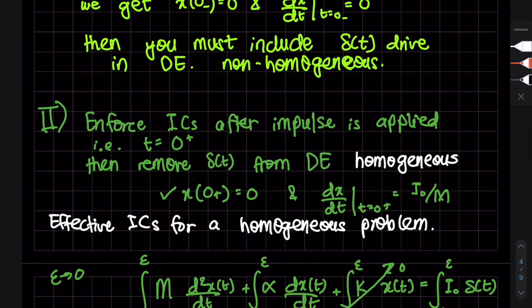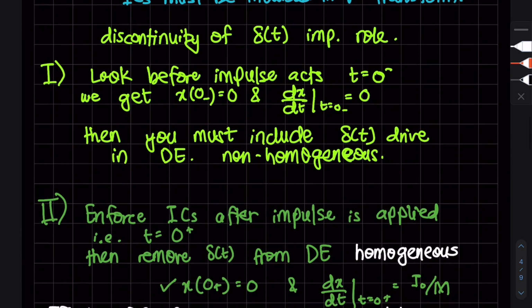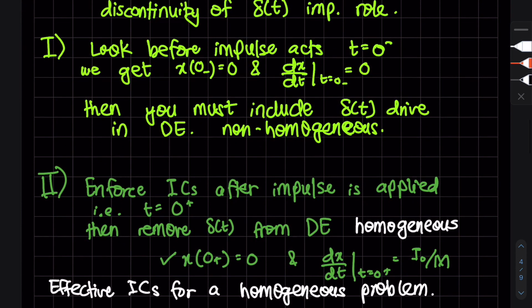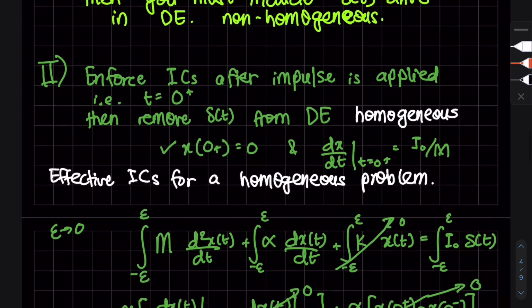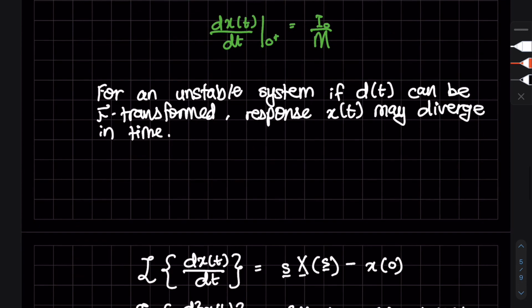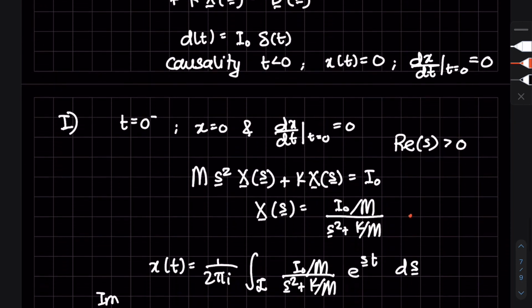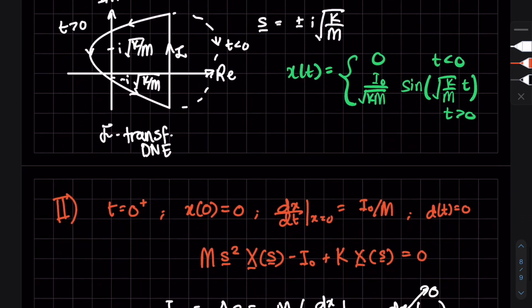That's where the I naught over m comes in. And then the system just behaves as it would like any homogeneous system with these new boundary conditions. So both of them are consistent. They're just answering, when do we start measuring and when do we start considering the boundary conditions? That's the question that both perspectives are answering in their own independent ways.